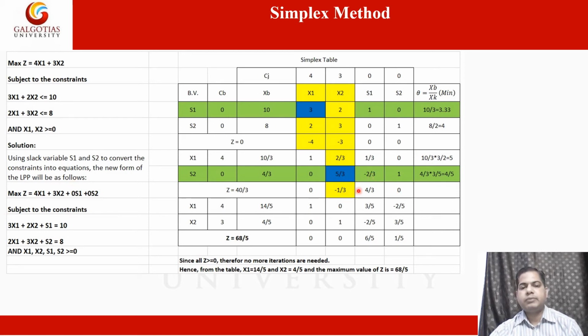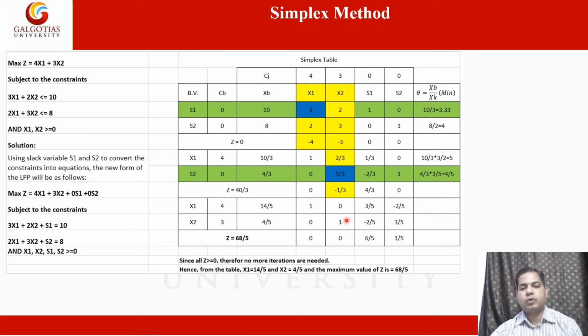Now again the same concept for the next table, that is I have to make the key element 1 and the other entries of that particular column 0 with the help of that one. So I have to make this 5 by 3 as 1. The easiest step says that we have to divide this 5 by 3 by 5 by 3. So either I will divide 5 by 3 by 5 by 3, or I will multiply 5 by 3 by 3 by 5.